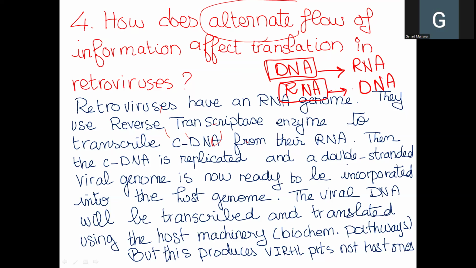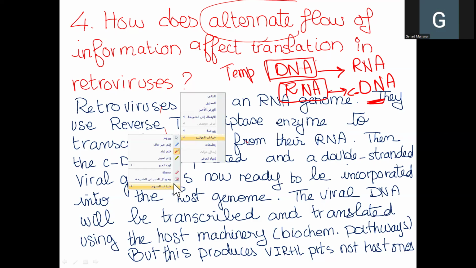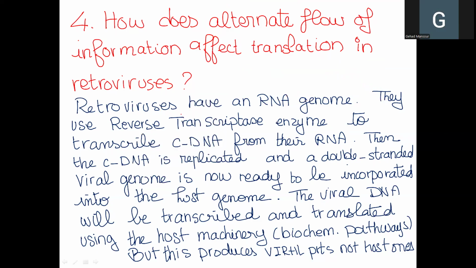And in order to differentiate between this DNA that has been produced by the alternative flow and the DNA that was the template in the classic flow, we call this DNA complementary DNA. There are only a few organisms that can do the alternative flow, and they are called the retroviruses.